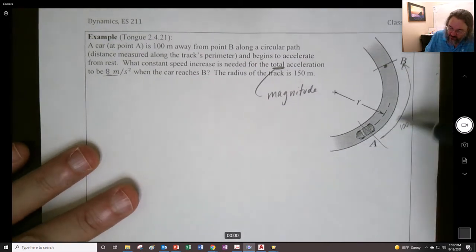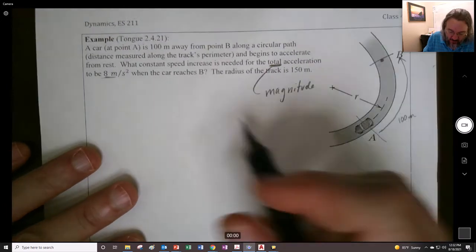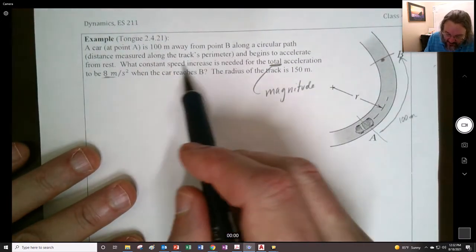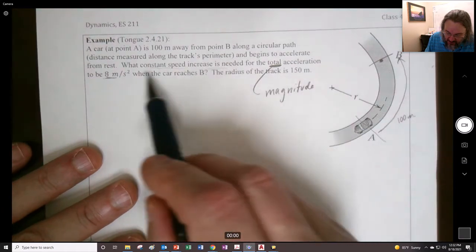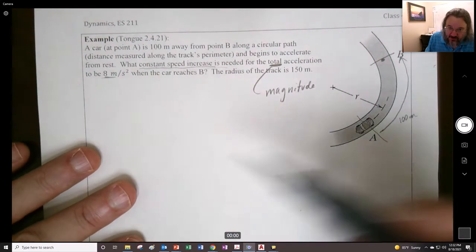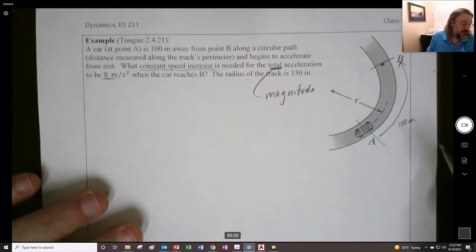He's moving from A to B by 100 meters. We want to know what constant speed increase, so we're talking about the tangential component of the acceleration. That's how we're reading this.